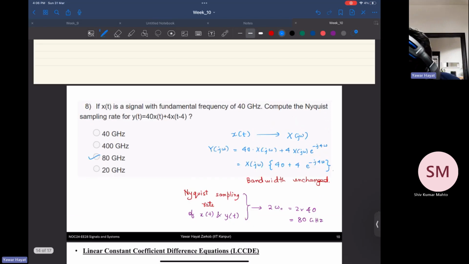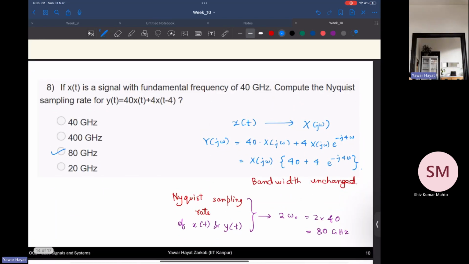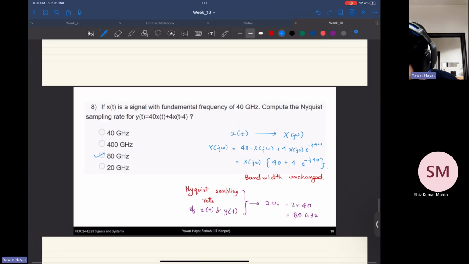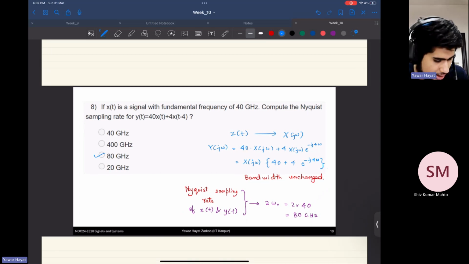Okay, so let me take an example. Since we saw two cases in which the bandwidth was unchanged, what about the case when the frequency changes?